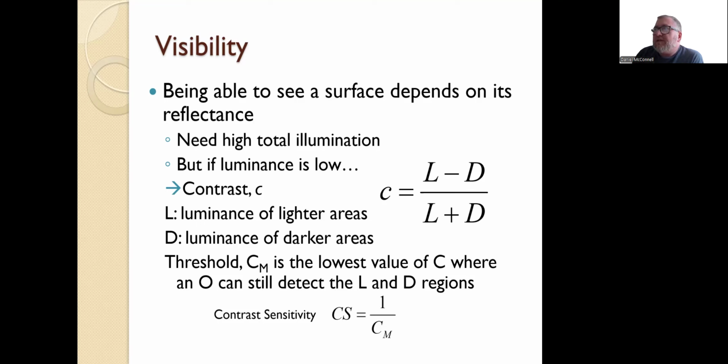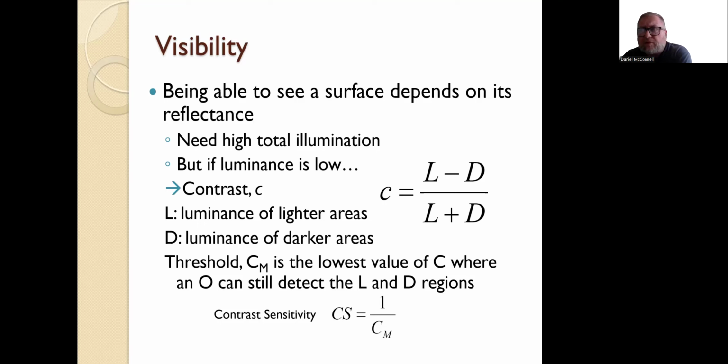So when I say here that the visibility of a surface works best in high total illumination, that means our eyes are getting sufficient light to detect objects. But what's important there is that in high illumination, we can see the high contrast distinctions, but we can also see some of the low contrast distinctions as well, right? And that's harder to do in low light.